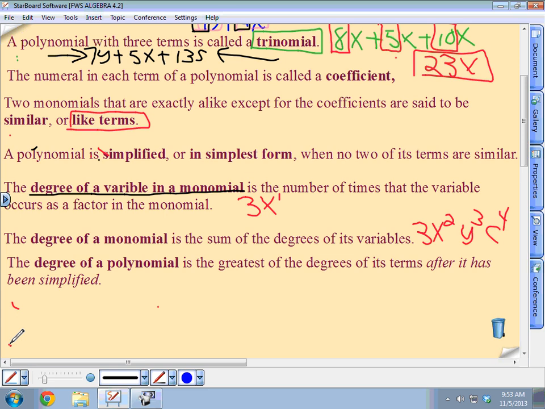Anyone you want. 25y. Not times, you're going to add. For your polynomials, you're going to add. You use your addition sign.